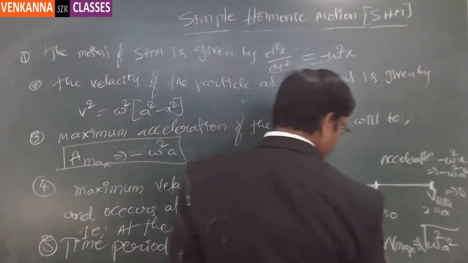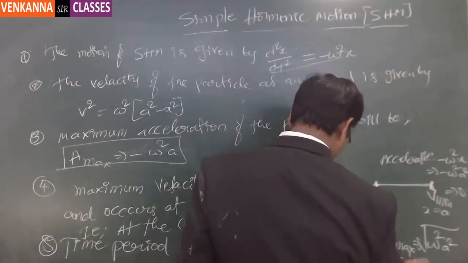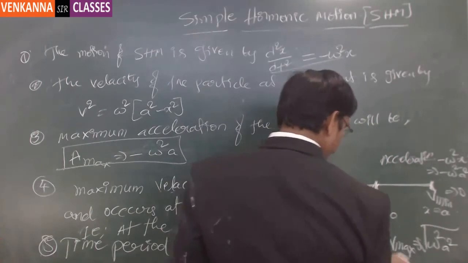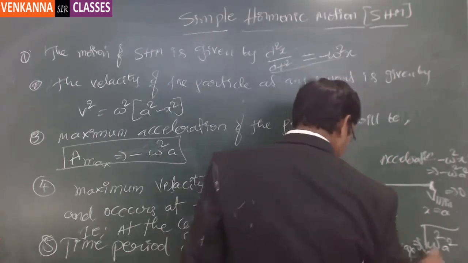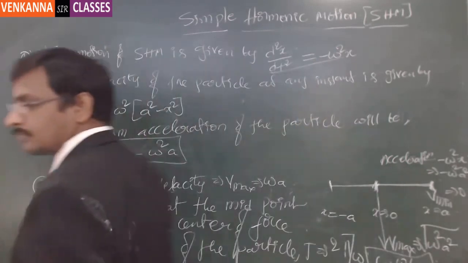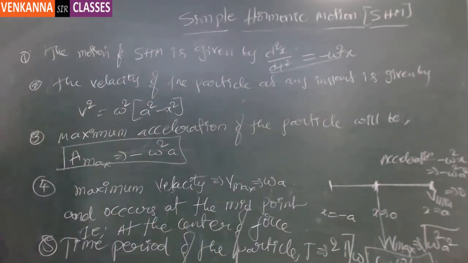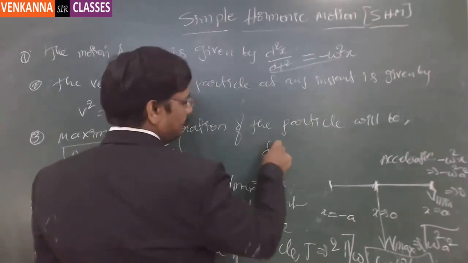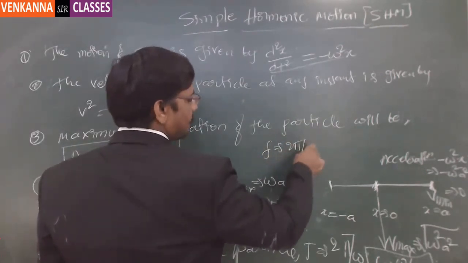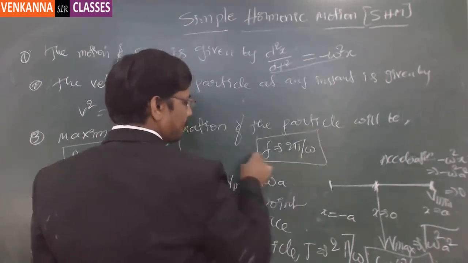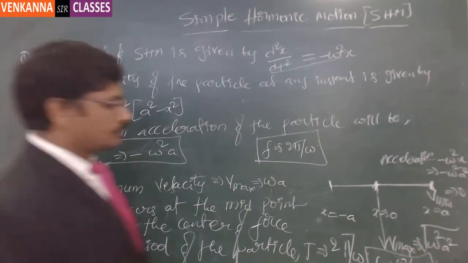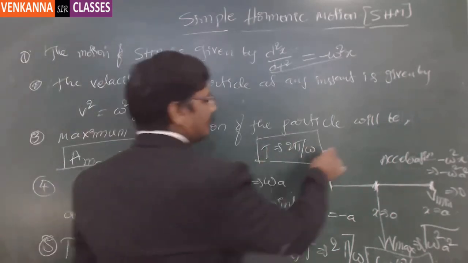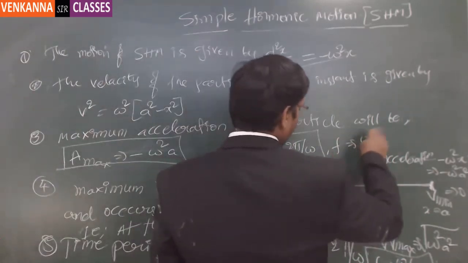From the same relation, f you can write as omega by 2 pi. This is the frequency. Got it? I'll write it here. T is equal to 2 pi by omega, and f is equal to omega by 2 pi.